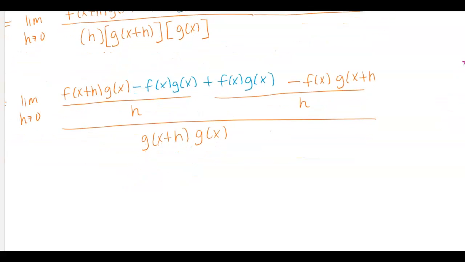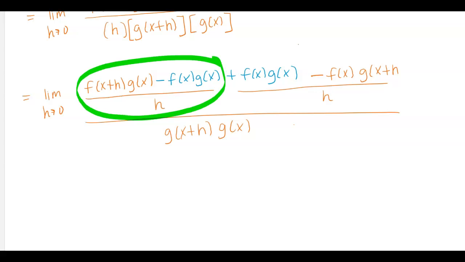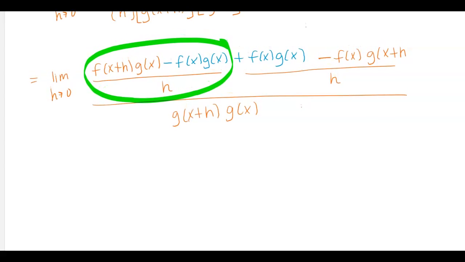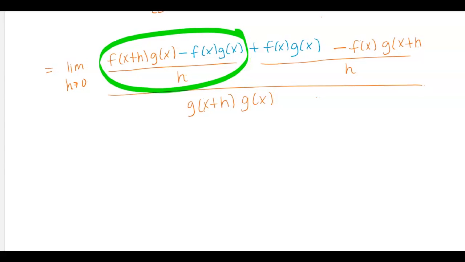Okay, so now I'm going to tackle this part first, and I'm going to factor a g of x out of both terms there in the numerator. I'm going to take the limit, and it's going to come way out to the front.